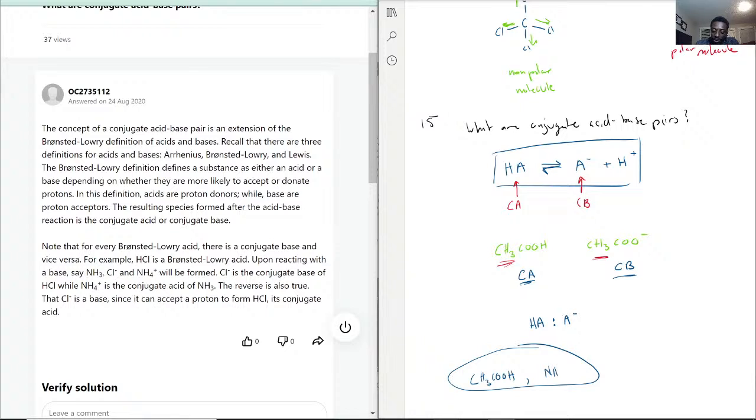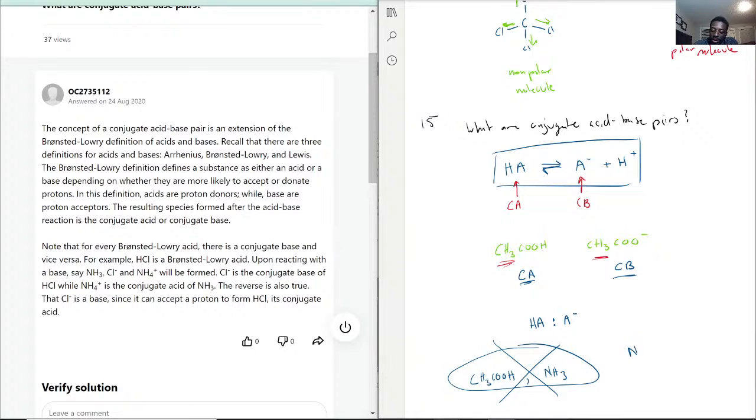Even if I put NH3, now ammonia is actually a base, but this wouldn't make a proper buffer solution because of the fact that these are two different types of molecules. NH3 is not acetic acid's conjugate base pair, okay? And that is what we're looking for here.